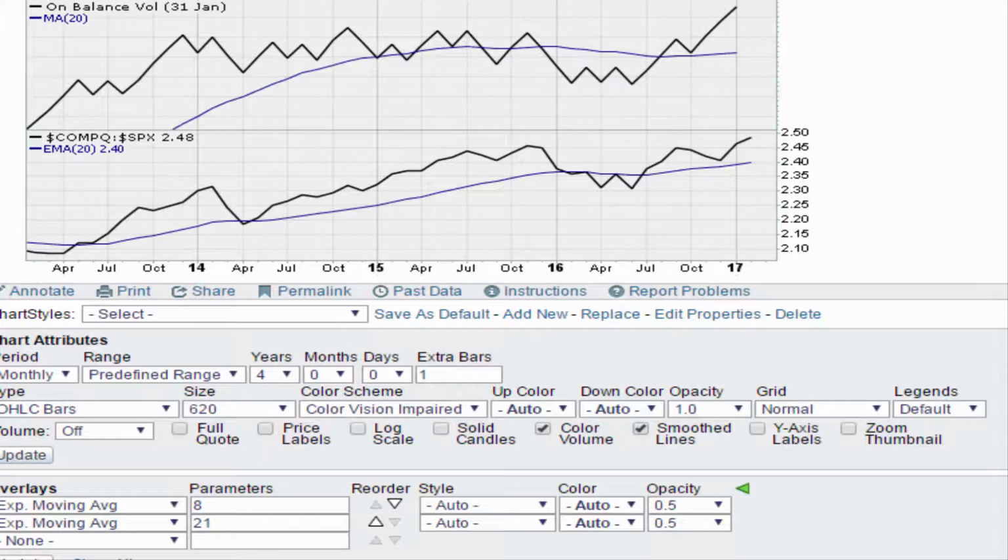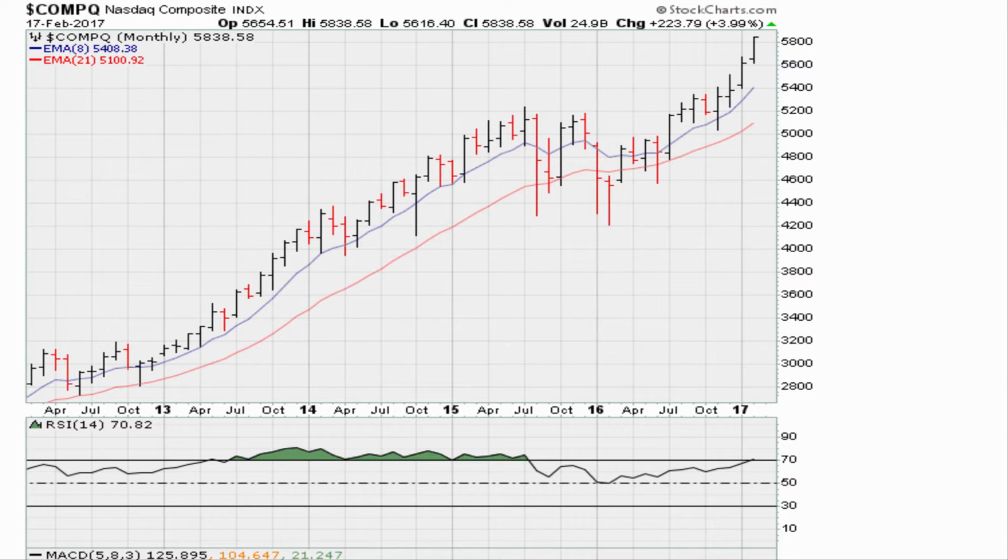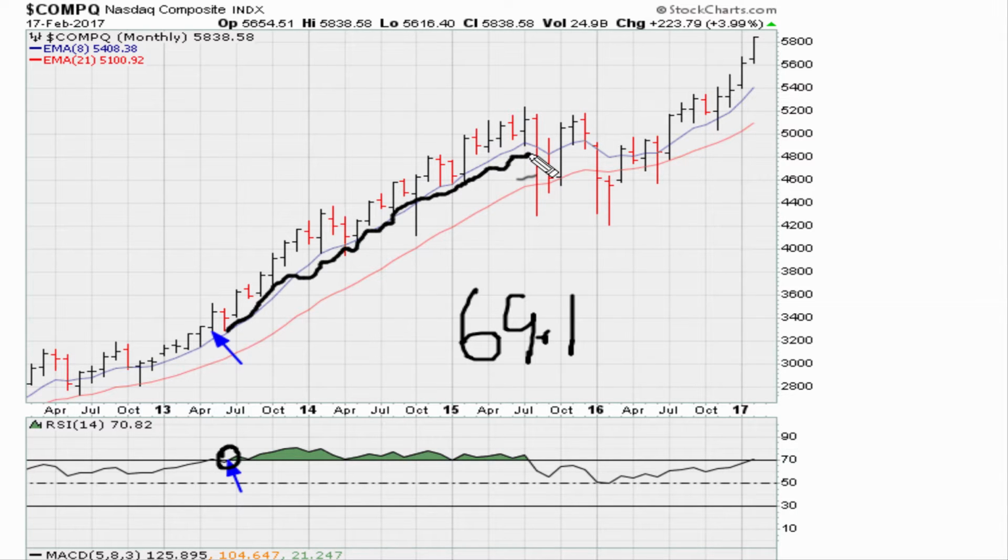In fact, if you take a look at a 5-year monthly chart for the Nasdaq, we can see that here in 2013 it moved its RSI above 69.1, and that is just a perfect example of what happens when markets are holding above 69.1. From 2013 throughout all this phase, the Nasdaq was holding above 69.1 on the monthly until somewhere here.